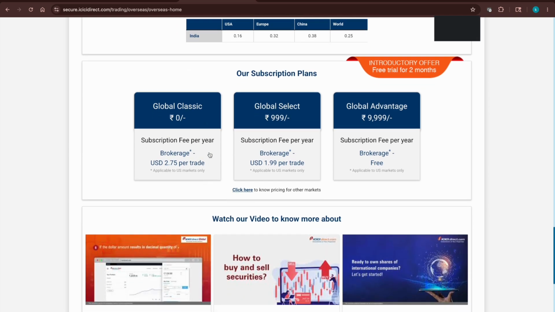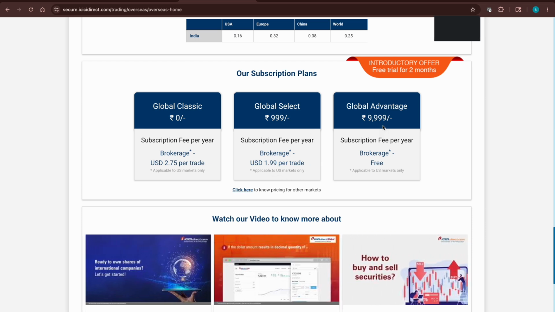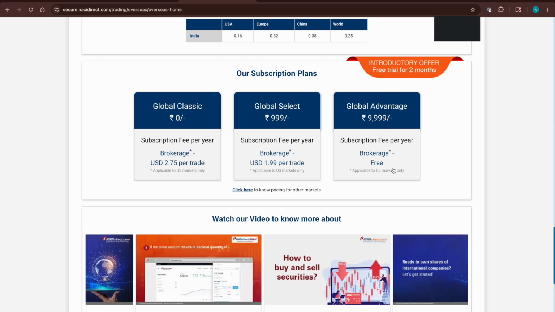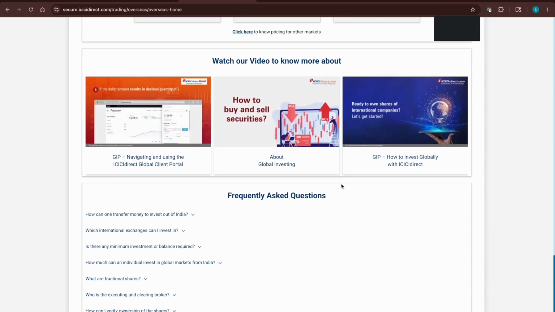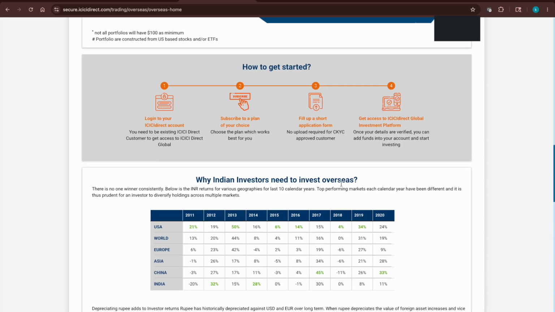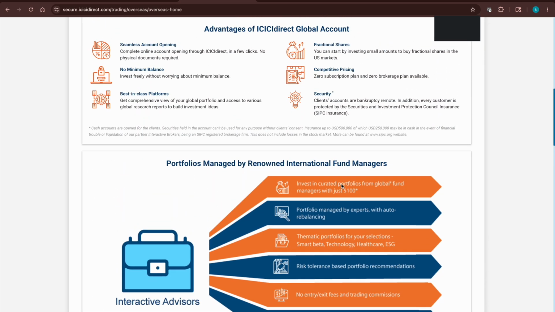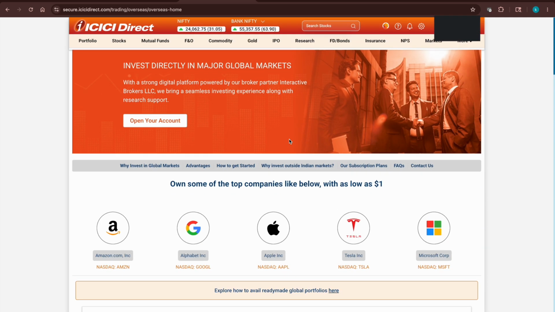If you take the Global Select, I think it's like $1.99 per trade. If you take the 10,000 Global Advantage subscription, I think the brokerage is free, but this is only applicable to the US market. So this is your straightforward ICICI Direct, HDFC Bank, or any other brokerage account. You should check if they allow you to invest in the global markets.